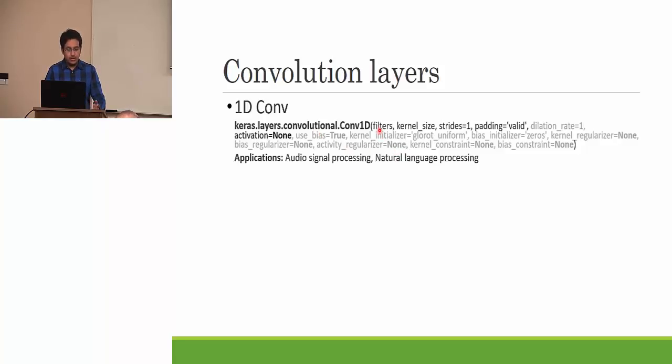The main things are the number of filters that you have to specify, the kernel size, the strides, and if you want to zero pad your feature maps. The activation is also important. And also the kernel initializer, which is the weight initializer, where you set the values of the weights before you train the network. So that's specified here.